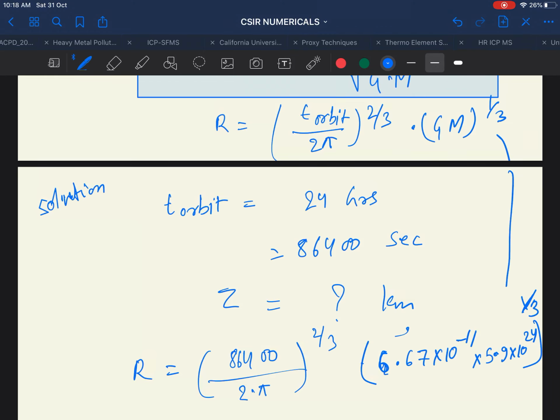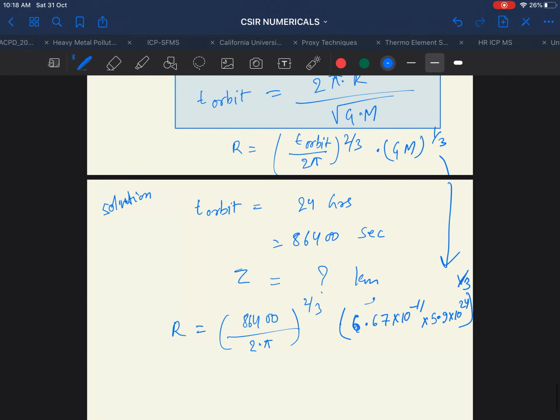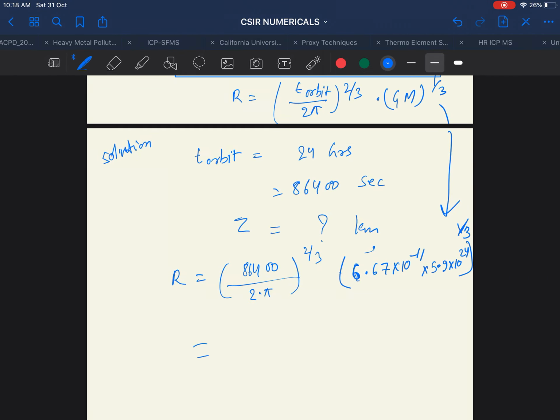Just putting the values in this formula, when you solve this, you will get 42,251 kilometers. This is the radius.